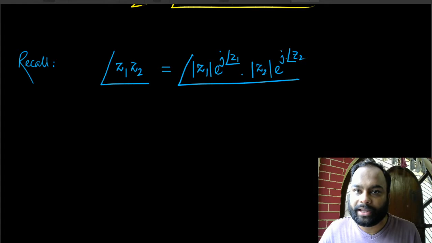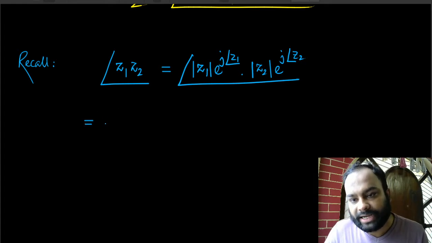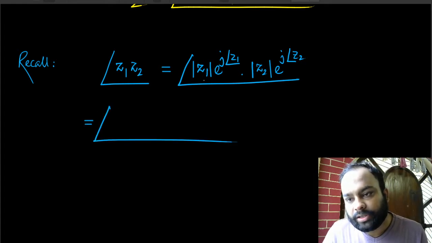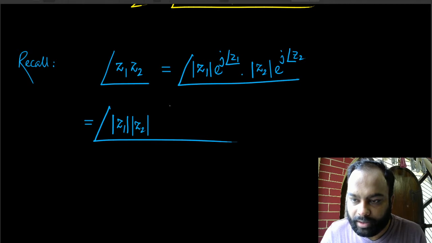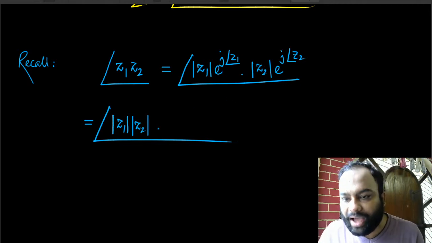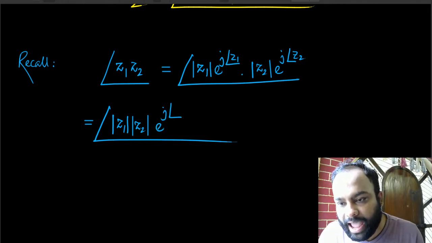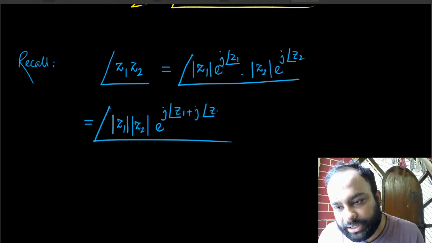That's the argument of that particular complex number. So now these are just real numbers getting multiplied. So I have mod z1 mod z2 multiplied together, and I would have e to the power j angle z1 plus j angle z2.